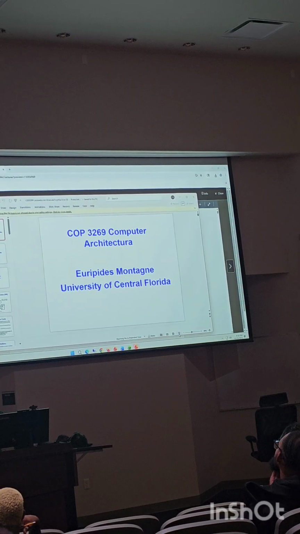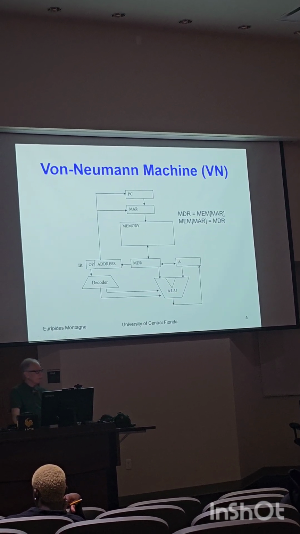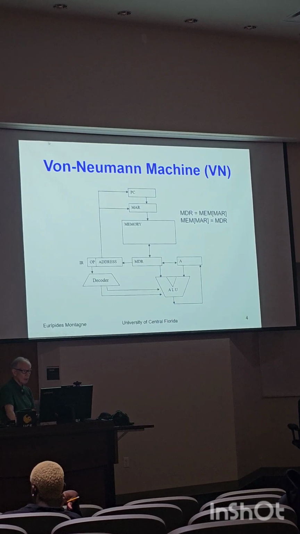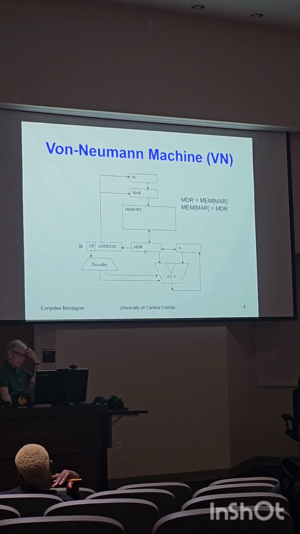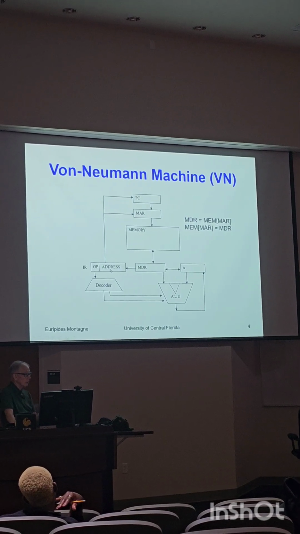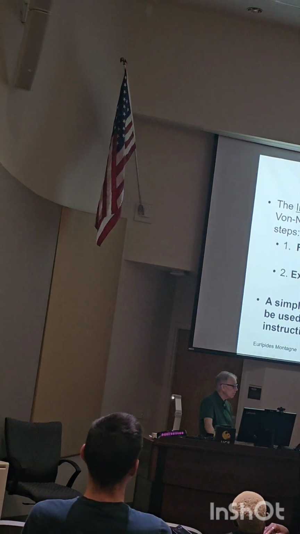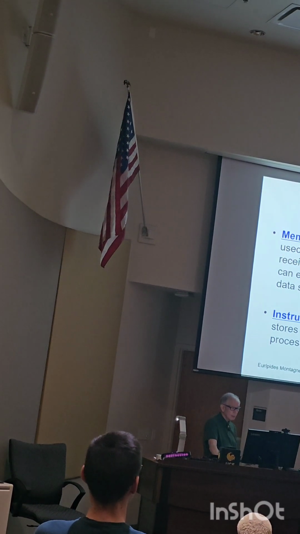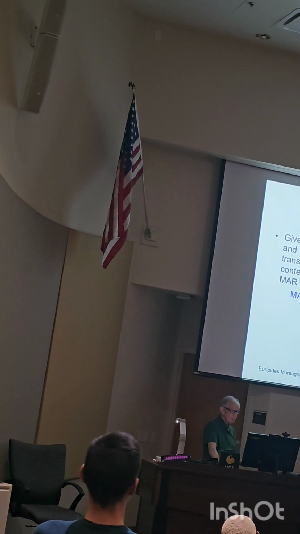In that architecture, we do fetch: copy the program counter into memory address register, set memory, get the instruction here, and send it to the instruction register. Then we have load, another sequence. This is the fetch-execute cycle. This is part of the computer. Copy memory into memory address register.